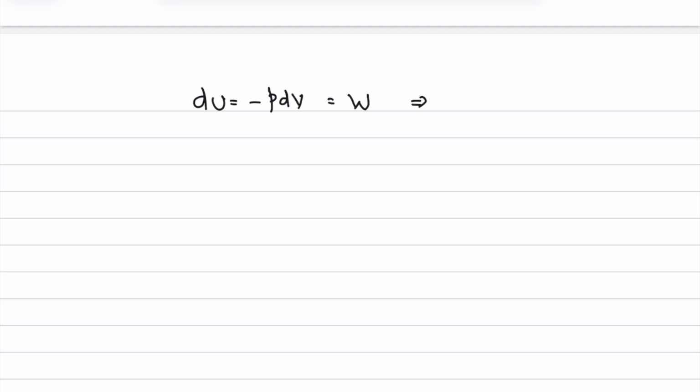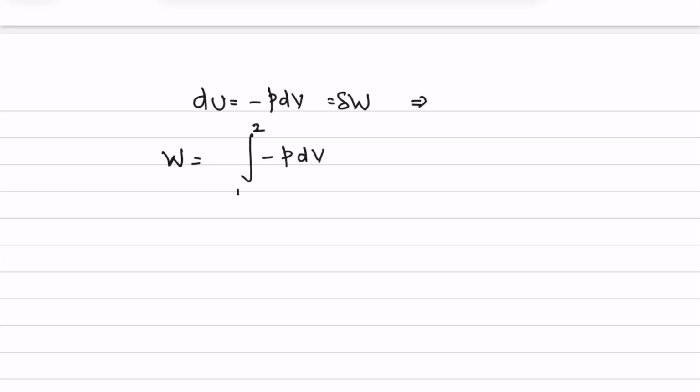That implies W is equal to delta W. That means change in internal energy itself is the work done. Delta W is minus PdV. Then work done is equal to the integral from point 1 to point 2 of minus P dV.